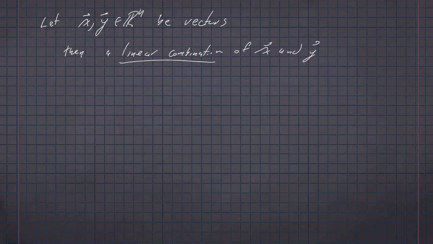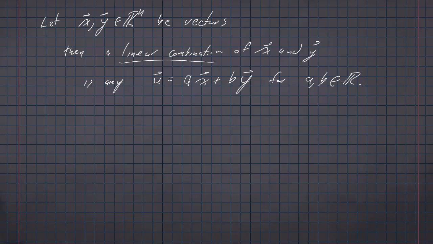If we have two vectors, x and y, then a linear combination of those vectors is any vector, let's call it u, which is a times x plus b times y, for real constants a and b.